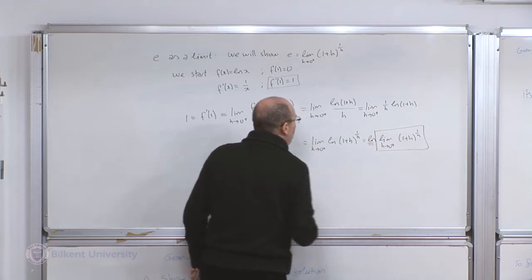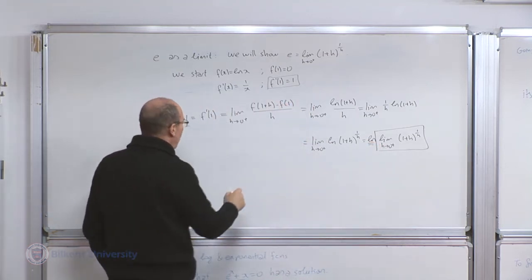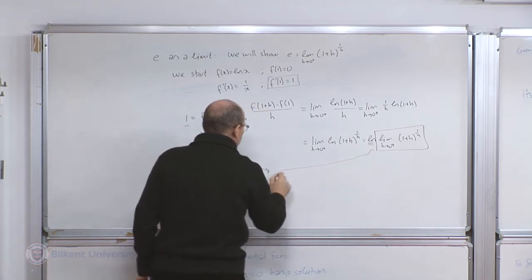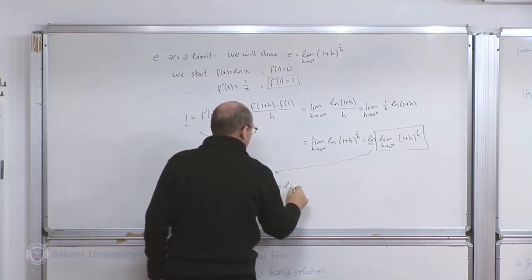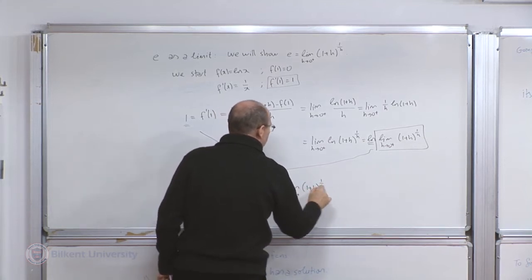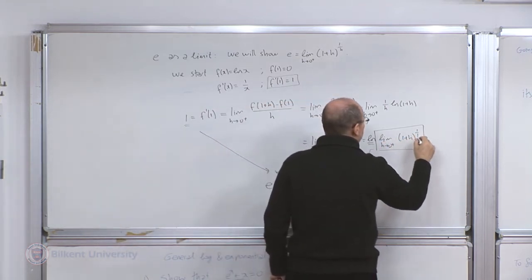And I know that its logarithm is equal to 1. Taking the exponential of both sides, we know that e is equal to the limit as h goes to 0 from the right of (1 plus h) to the 1 over h. Let me make this clear. This is h.